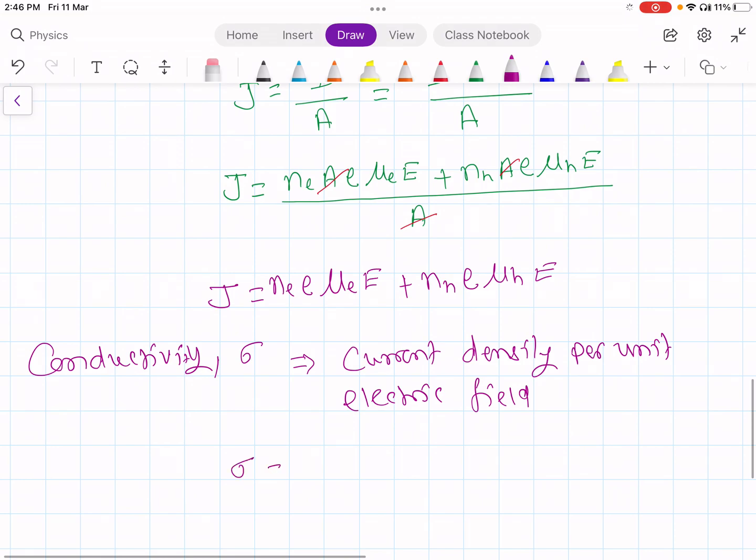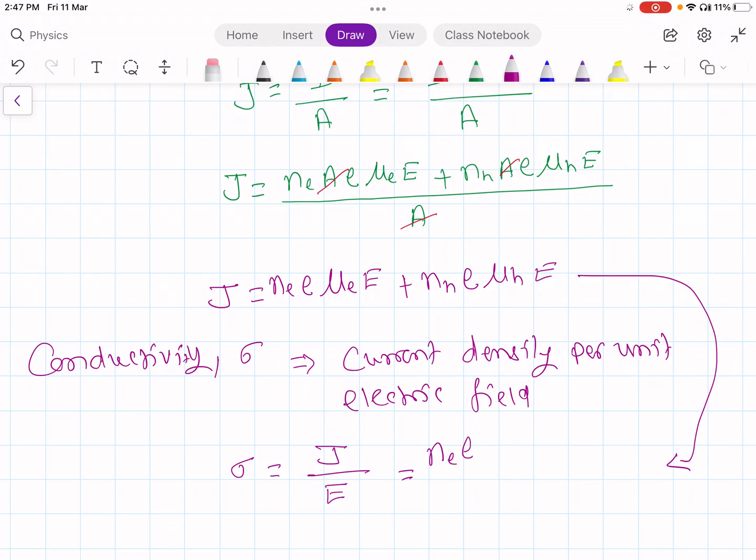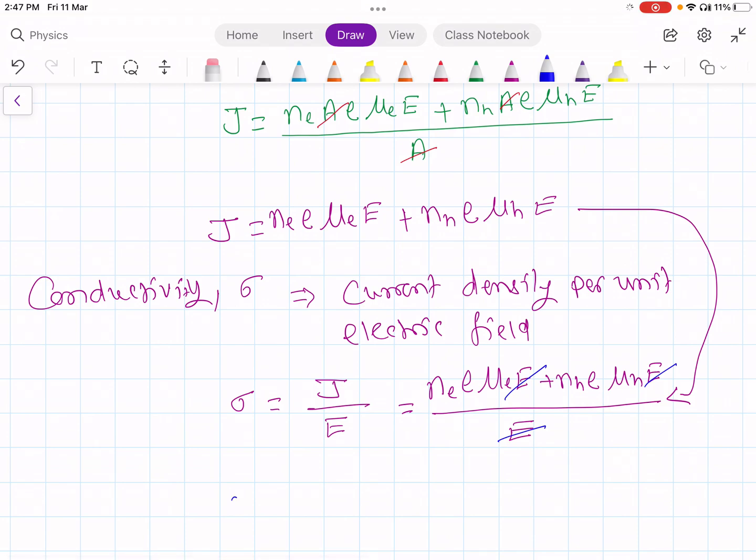That is, sigma is equal to J upon E. But we know the value of J. Substituting J here, what you get is Ne e mu e E plus NH e mu h E divided by E. Here also this E cancels, and what we get is sigma equals Ne e mu e plus NH e mu h.